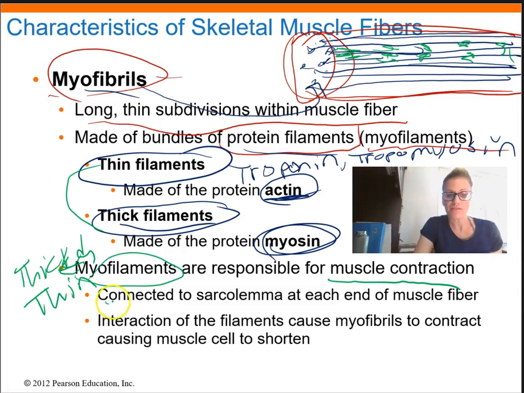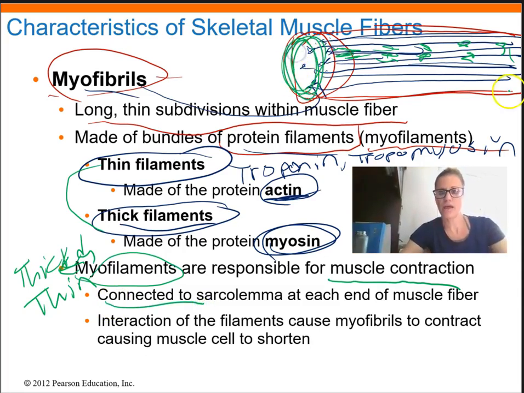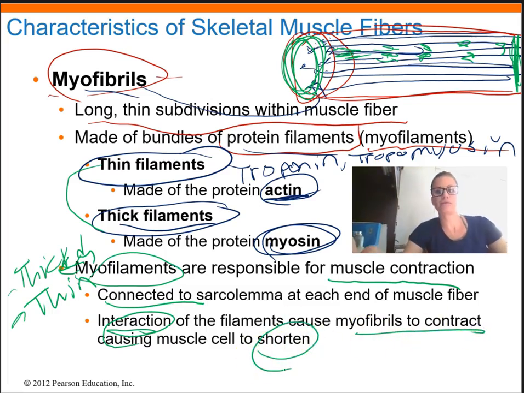The myofilaments are connected to the sarcolemma. They're connected to the cell membrane at each end of the muscle fiber. And what happens is when the thick filaments and thin filaments interact with each other, the myofibrils contract or shorten. And because they're connected to the sarcolemma on either side, you can imagine if everything here in the middle shortens, right?